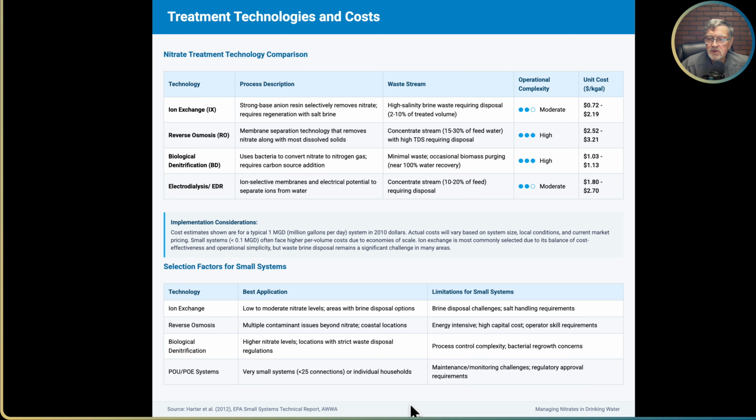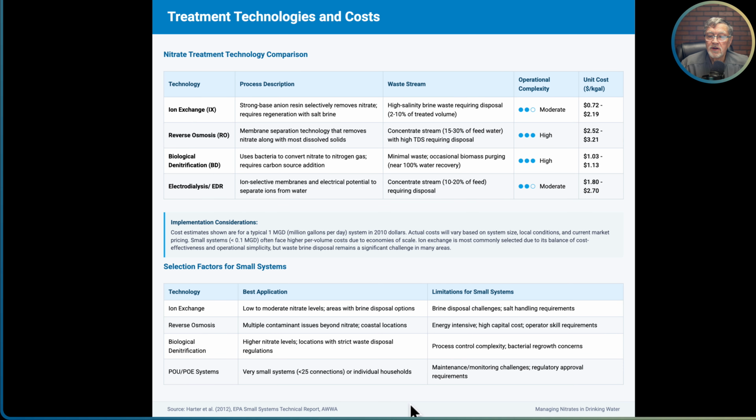Your unit costs per thousand gallons. Generally, ion exchange is going to be the cheapest, but you can see the cost creep up there. RO is probably going to be the highest. And biological denitrification, the jury is still out on that, as far as I feel.